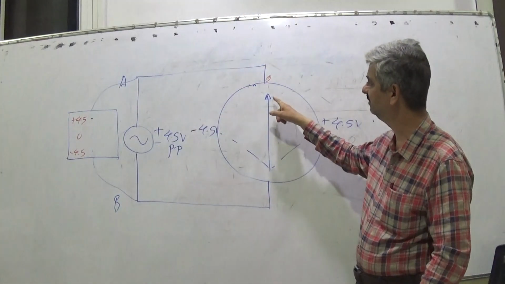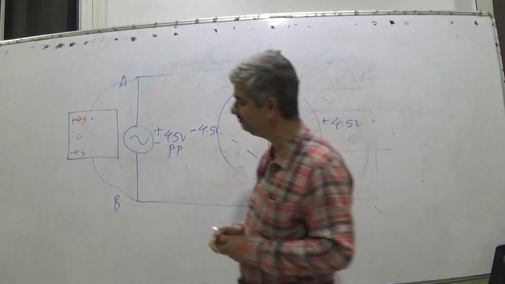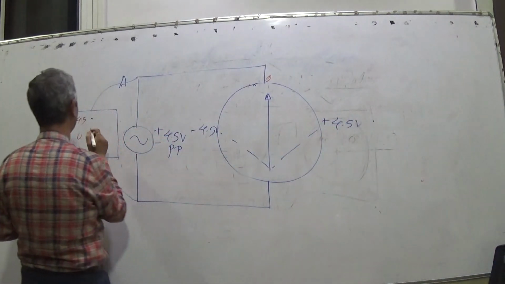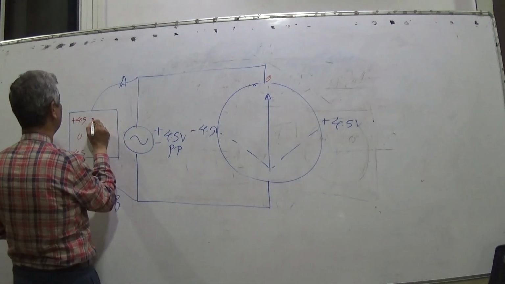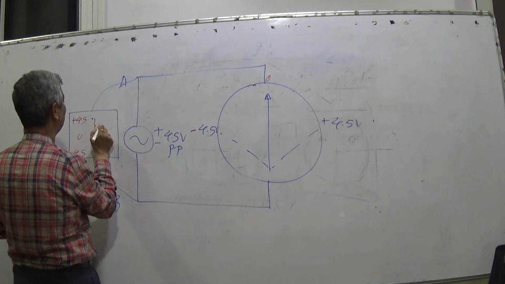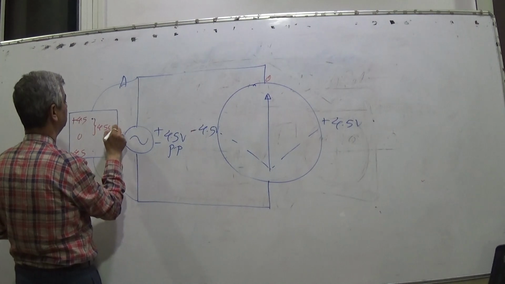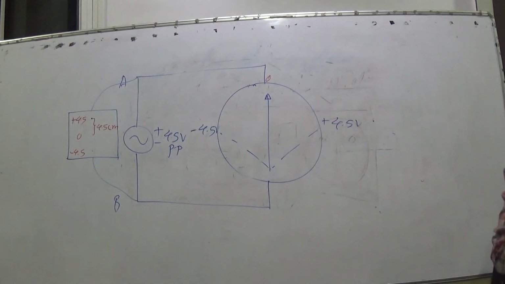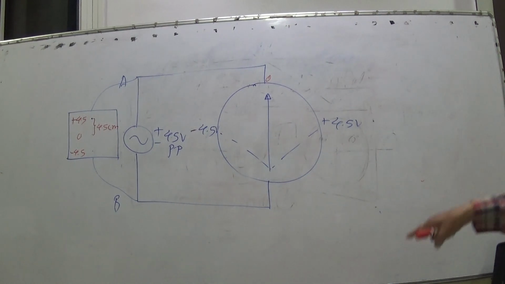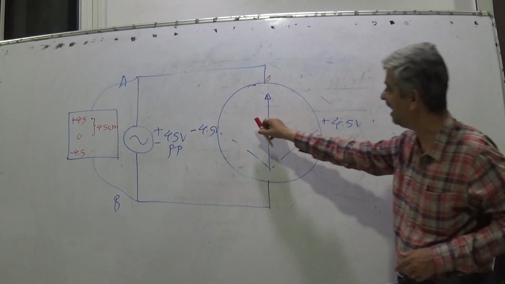Here we adjusted the CRO scale so that this distance is 4.5 centimeter and this distance is 4.5 centimeter, so that there is proportionality of 1 centimeter per volt. So this is linear position. It is moving in a line. It is moving with an angle.